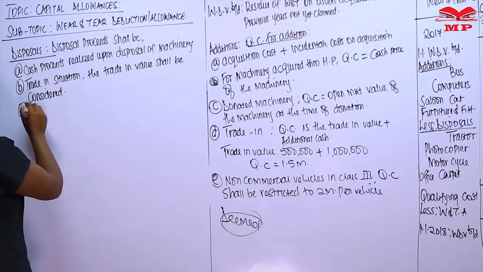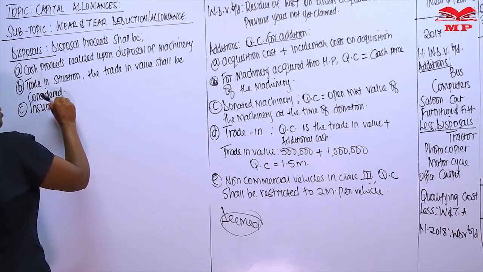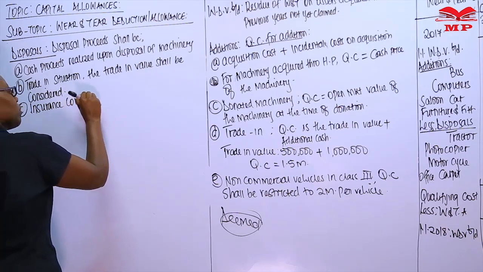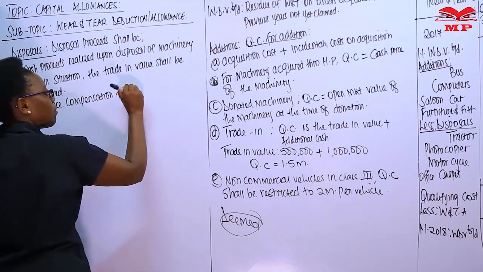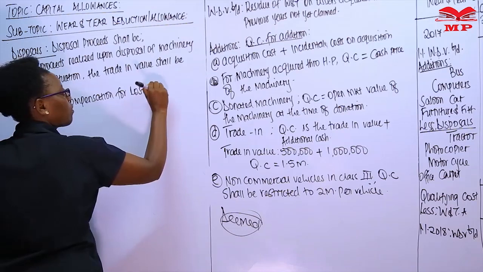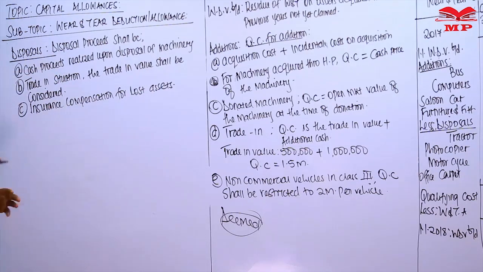So insurance compensation for lost assets shall be considered. If the vehicle is involved in an accident, whatever we get as proceeds shall be what we consider to be the disposal proceeds.